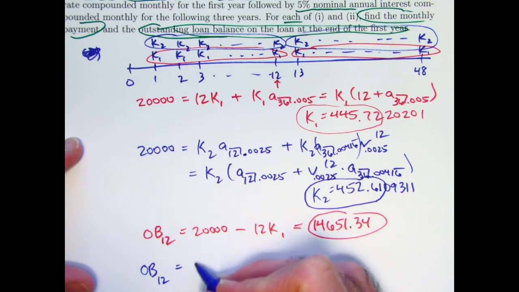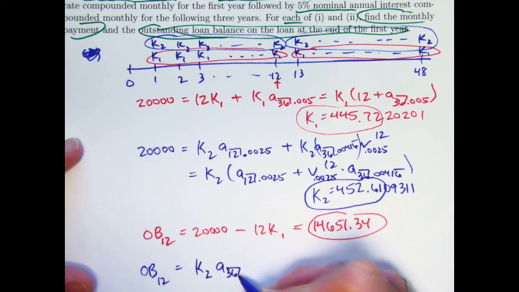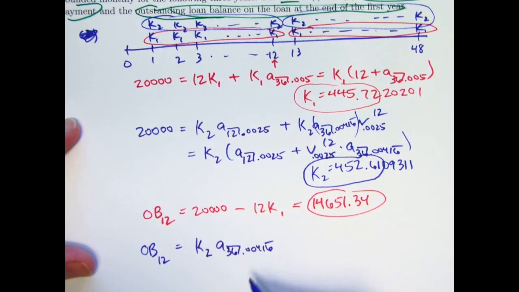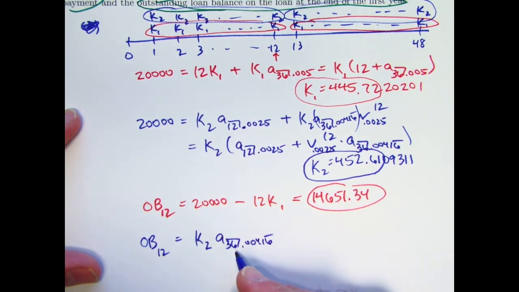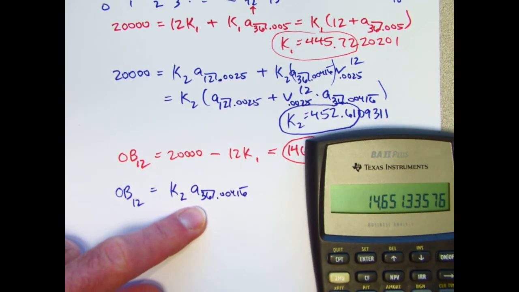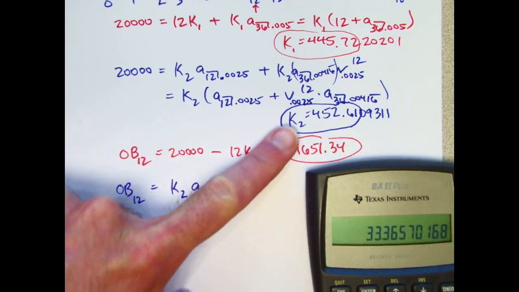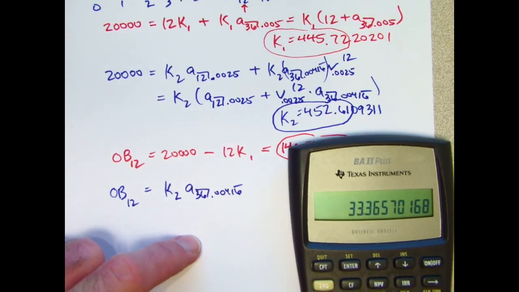So you'll get K2 A36 at 0.00416 repeating, and that was the value that was in register 3. So that's good. I can now recall that. From register 3, recall 3. That's the A. And K2 we found to be this 452.61.